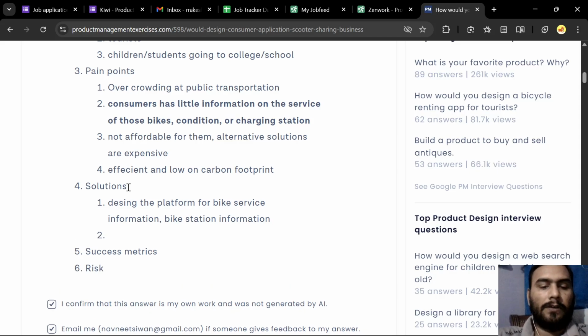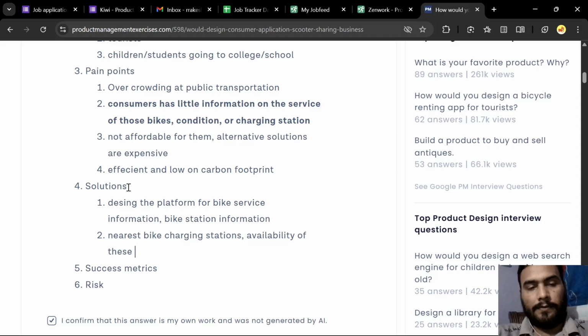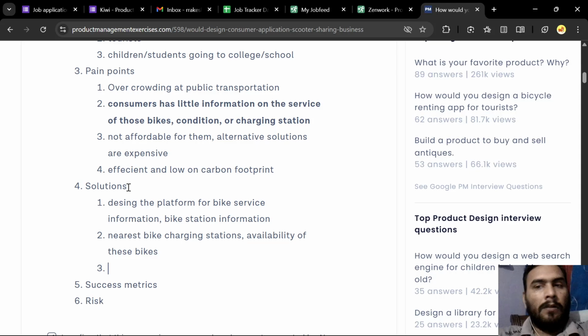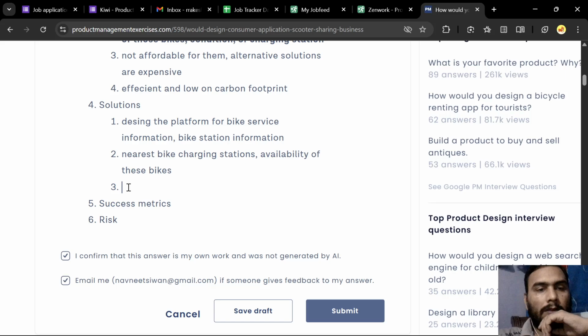These are some of the features that we will have: the nearest bike charging stations, or the availability of these bikes. So this is the solution that we will be designing.